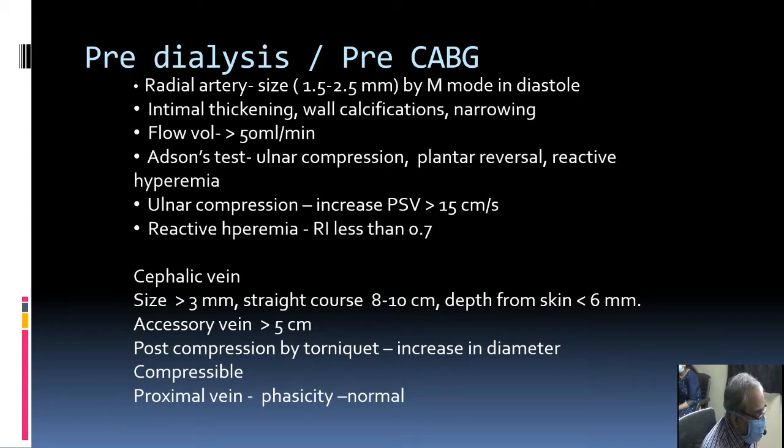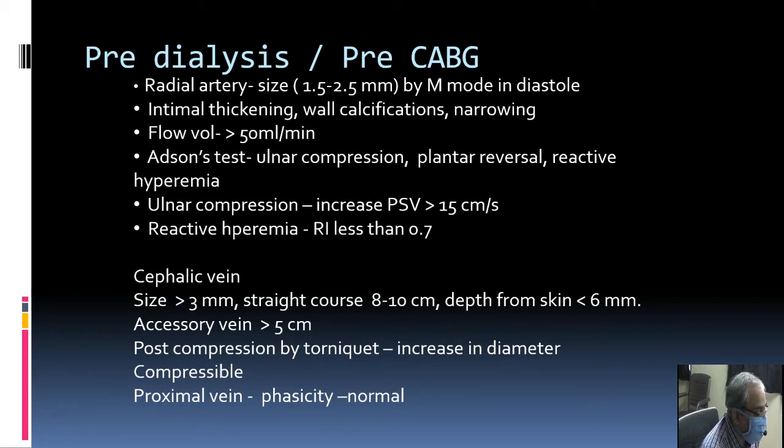You can do the ulnar artery compression. The modified Allen's test is the palmar reversal technique, where a palmar, not exactly palmar, but a metacarpal artery, you have to sample it, then compress the radial artery, and then you can see the reversal in that metacarpal artery.